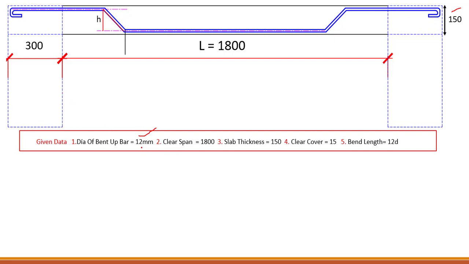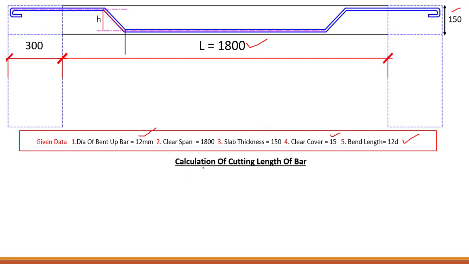Okay, and it is 1800 mm. Slab thickness is 150 mm and clear cover, meaning concrete cover, is 15 mm and the bend length is 12D. This is the hook that we are using over here, 180 degree, it is 12D. Okay, so this is basically the given data.